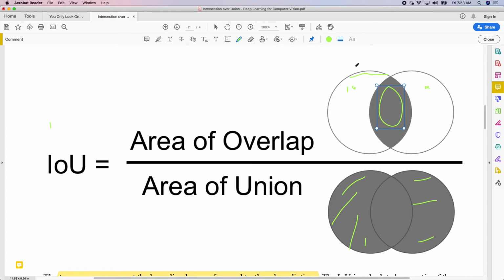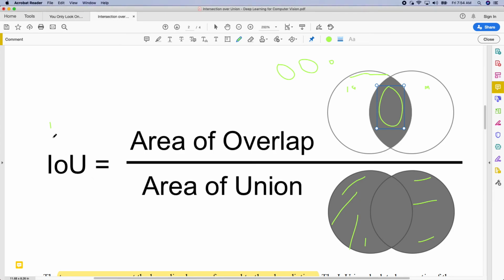But if this is completely apart, let's say this is the ground truth and this is your model prediction, you see that your model got it completely wrong. So the intersection is 0. Definitely, no matter what the union is, you are going to get 0, which is bad for your model.